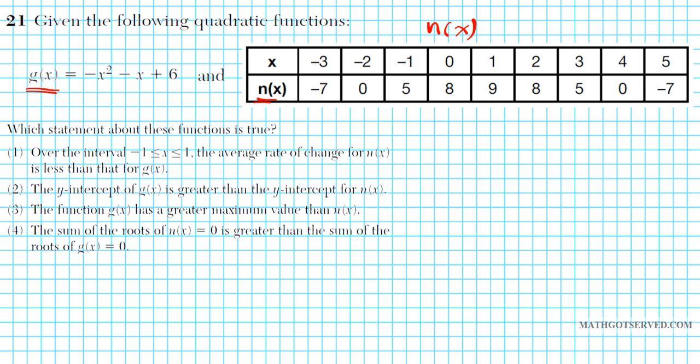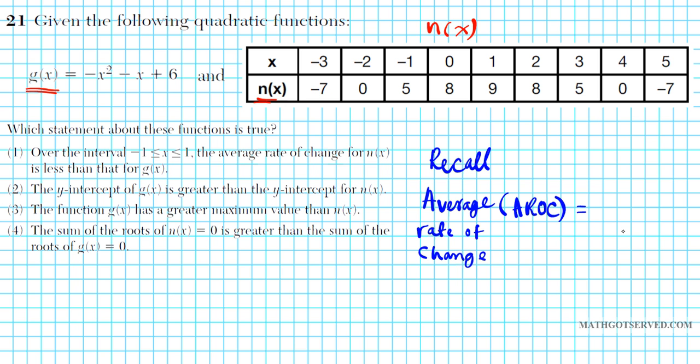Okay, so just a real quick reminder, you want to recall that the average rate of change, I'm going to be calling this AROC just to save time, over an interval is simply the slope of the line through the 2 points.